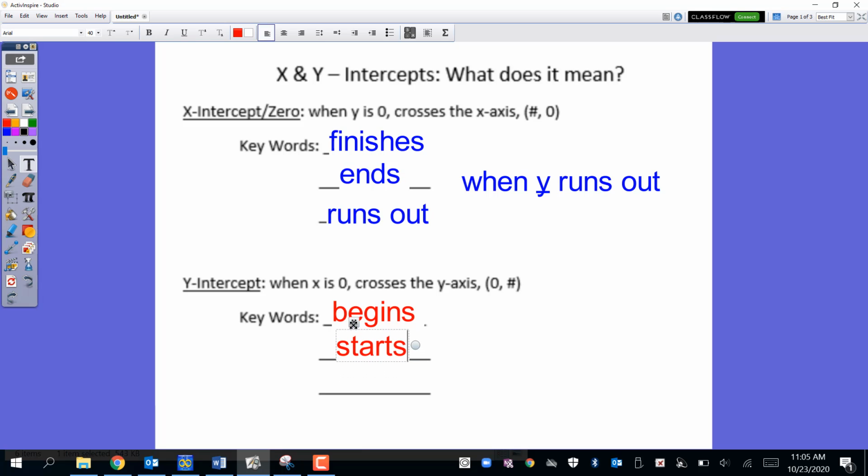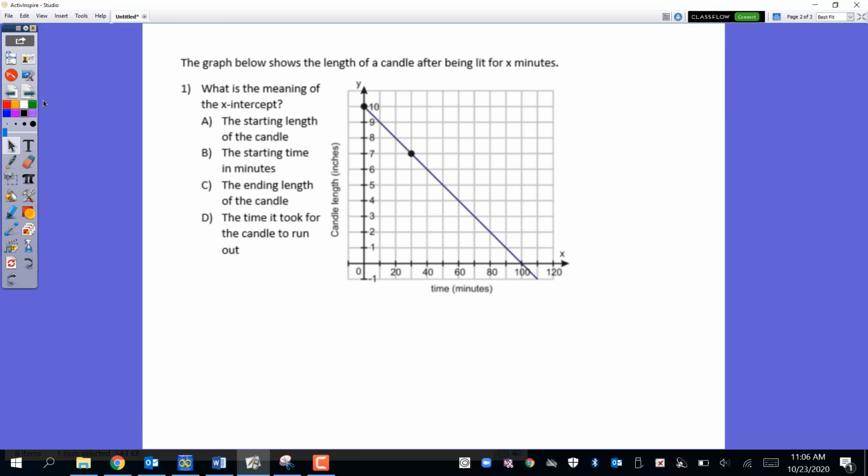Or the fancy word that they're going to like to throw at you is the initial number. So it could be when the x starts. Usually x is like time, or like a distance, but usually it's the beginning of x, or the beginning of y. Okay? So let's look at some examples.